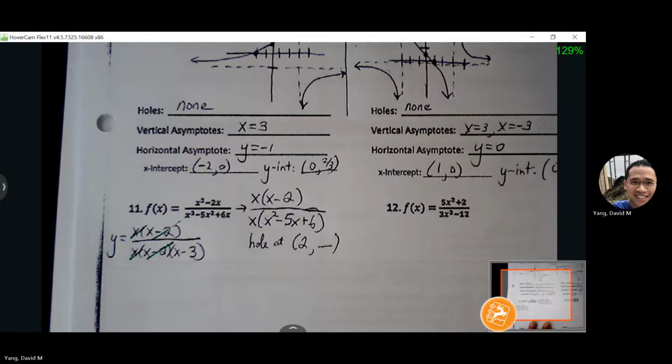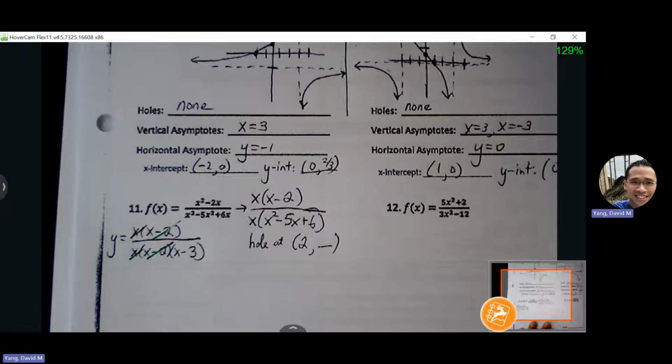What would that look like? Yeah, so I think in this case, the vertical asymptote, we don't really see a hole here.